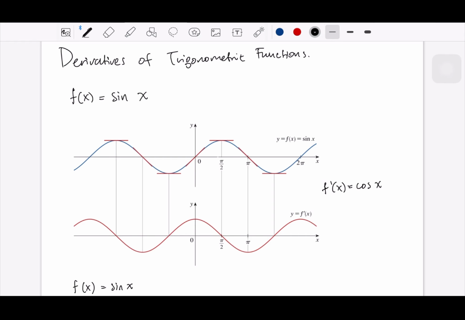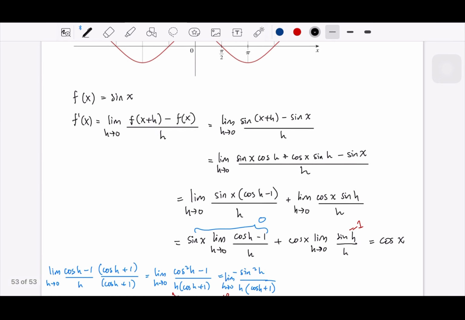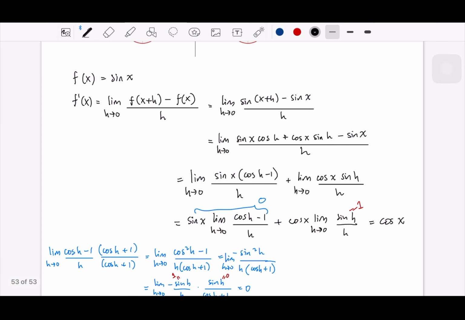If we look at the graph itself, when we take the slope, we know that the derivative of sine will be cosine. I also gave you the idea of looking at the limit definition of the derivative, and we see that we have cosine x as the result.